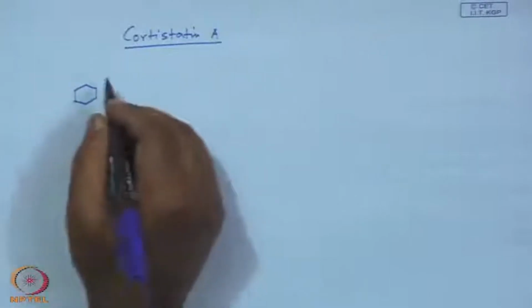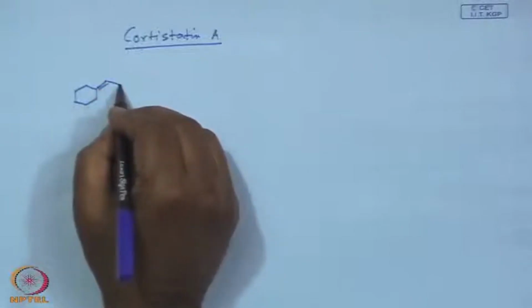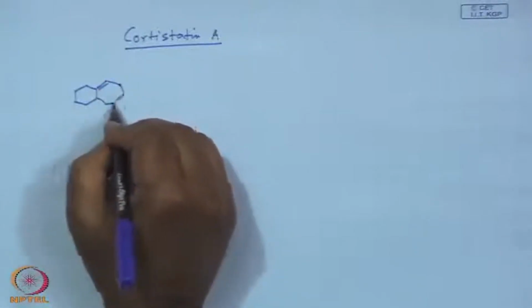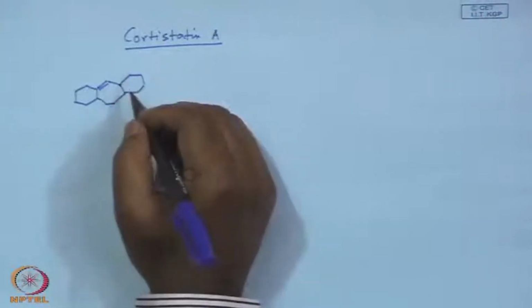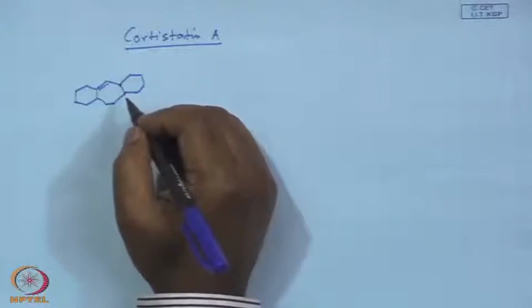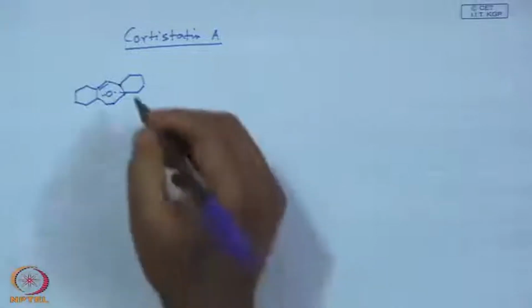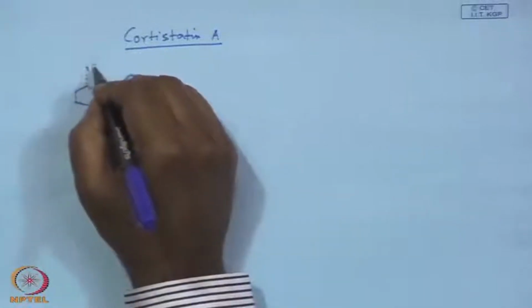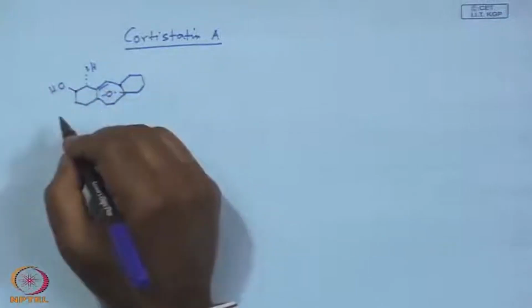It is not exactly a steroid, but what you will see is it is just meant for 4+3 cycloaddition reactions, because you have a 7 membered ring system, and also you have oxygen here, exactly what you want from a 4+3 cycloaddition reaction.